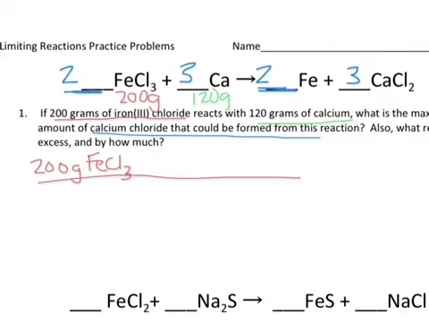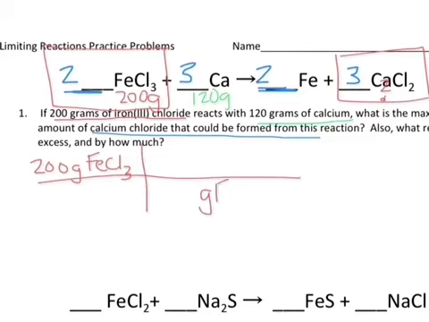So to start, I want to figure out how much calcium chloride I can make if I have 200 grams of iron 3 chloride. We should be able to do that by now. That's just a simple stoichiometry problem. So we've got 200 grams of iron 3 chloride. We know that we're going to have grams of FeCl3 on the bottom.